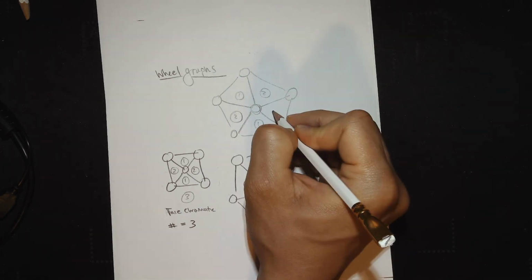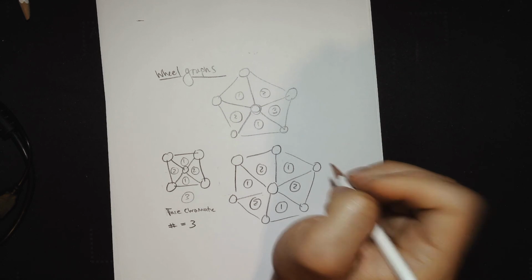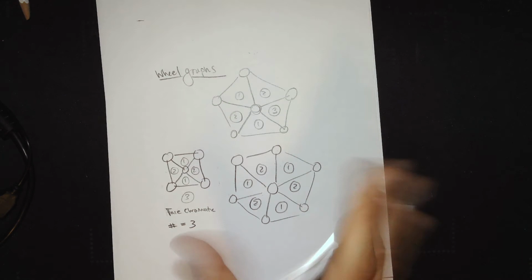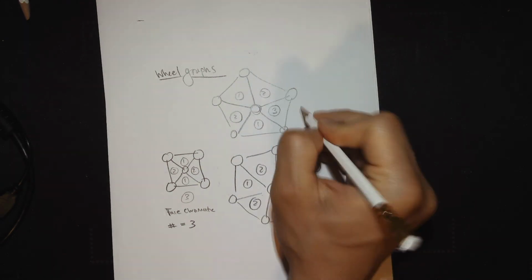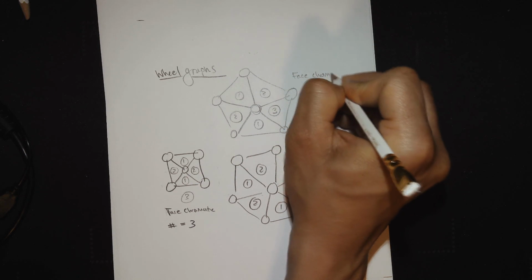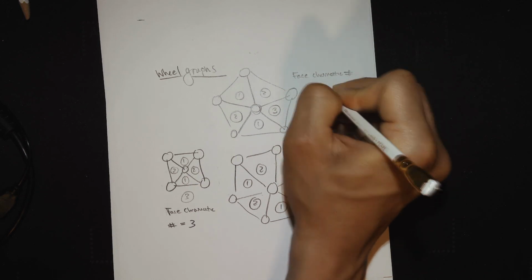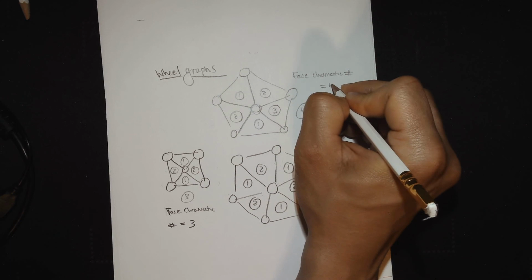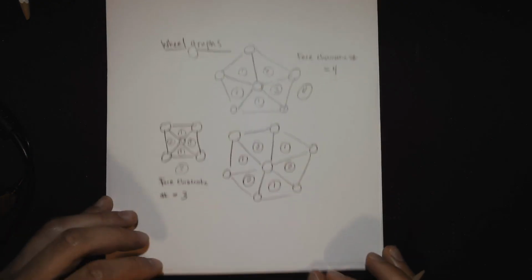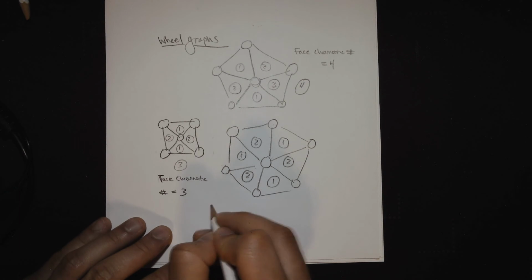And then we'd need a 3rd color for the inside, and then since this outside face is adjacent to each of these, we'd need a separate color for that. So this would have a face chromatic number of 4, okay?